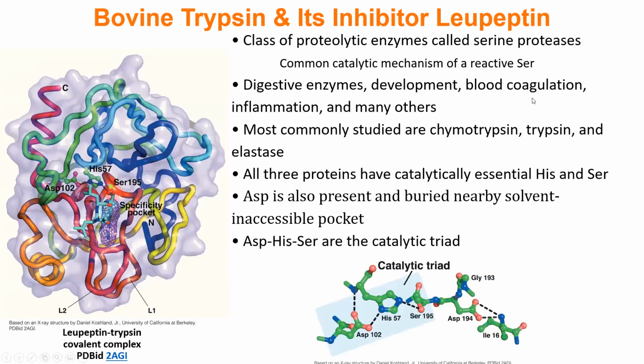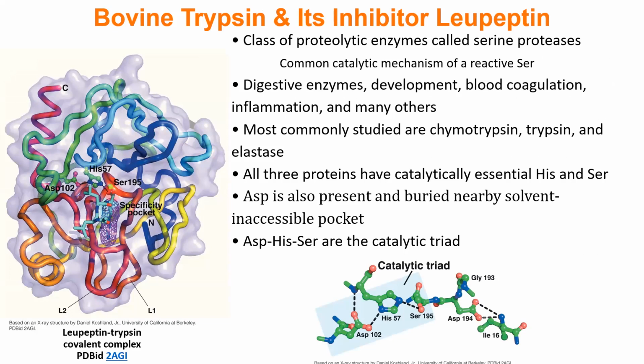Okay, so another mechanism we're going to look at is trypsin in the catalytic triad. The class of proteins we're going to focus on are called serine proteases.